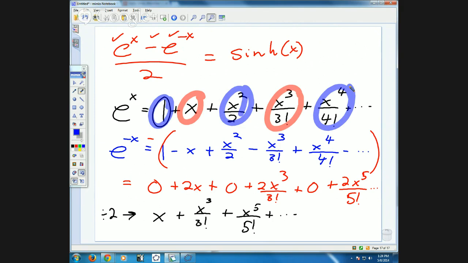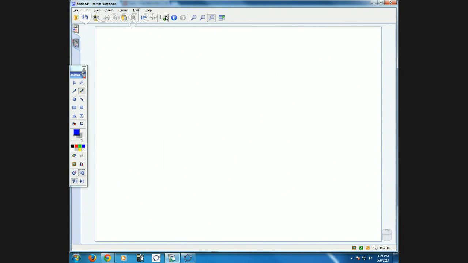What? Oh my gosh, how can this possibly be? Let's try that. I don't understand how it all connects. Now we're merging boxes. Okay, what is the series for the cosine of x?